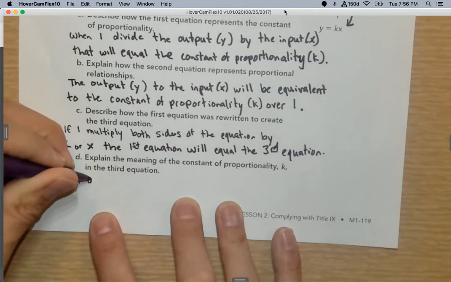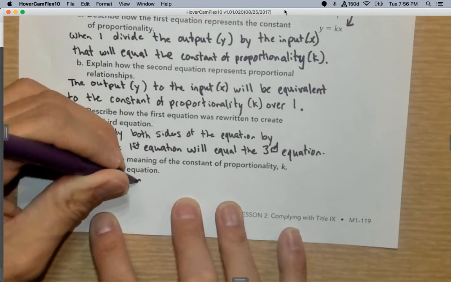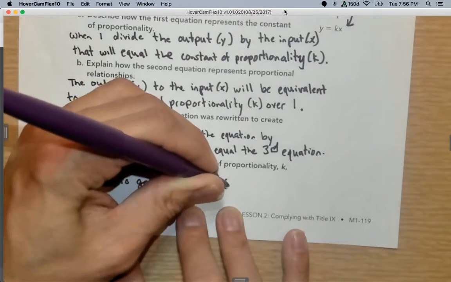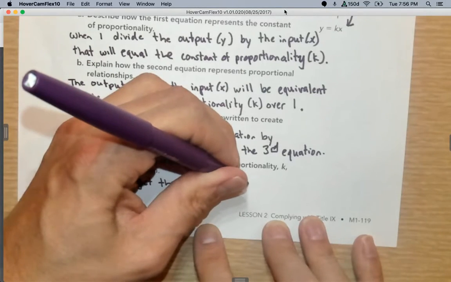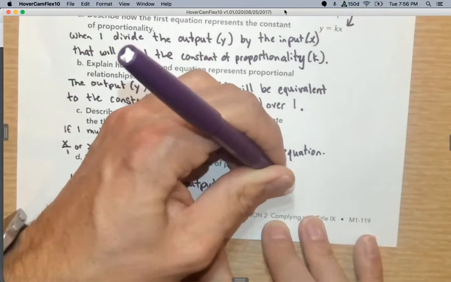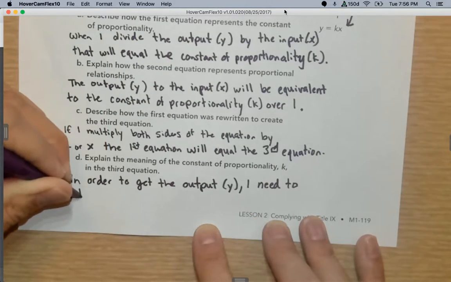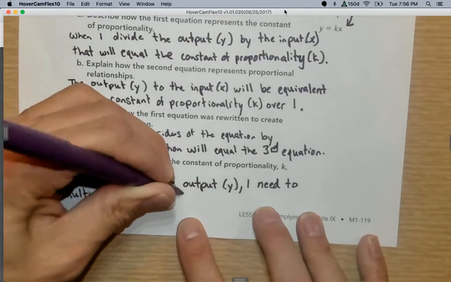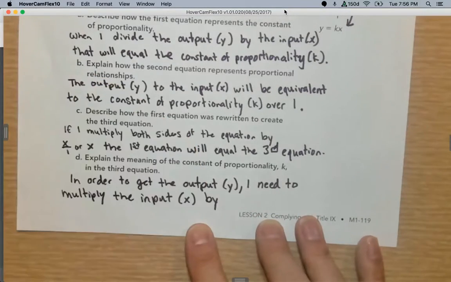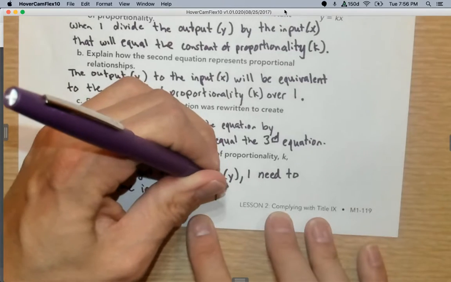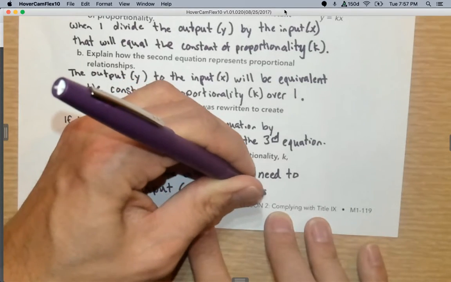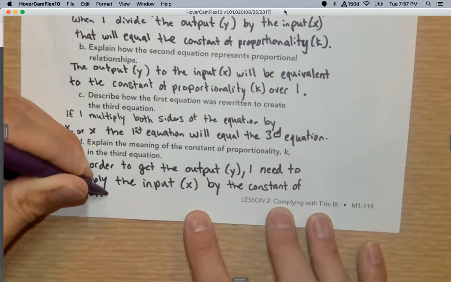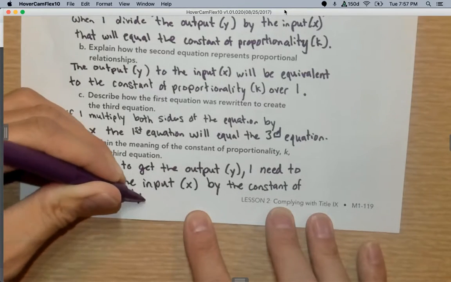In order to get the output y, I need to multiply the input x by k, or the constant of proportionality. Okay.